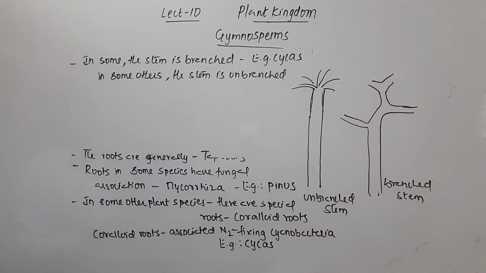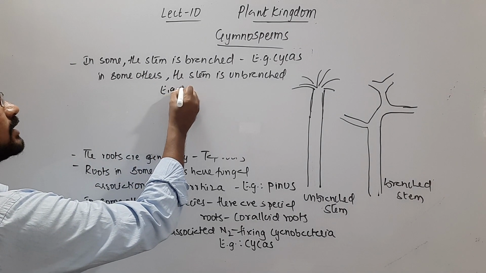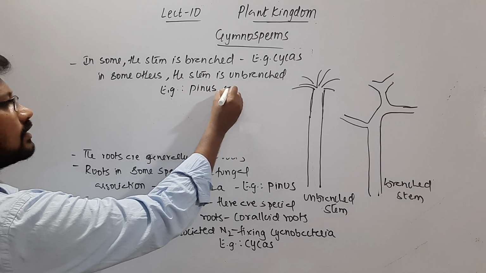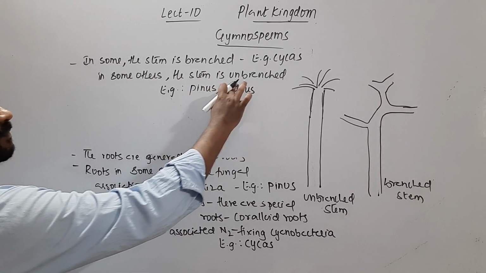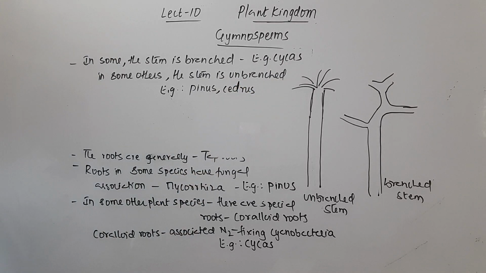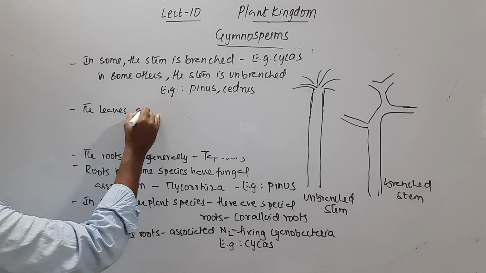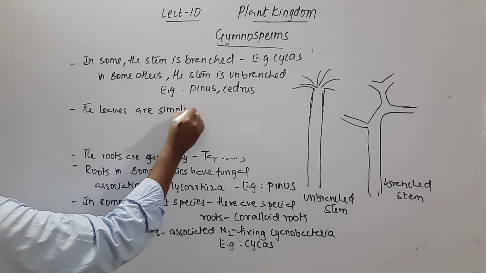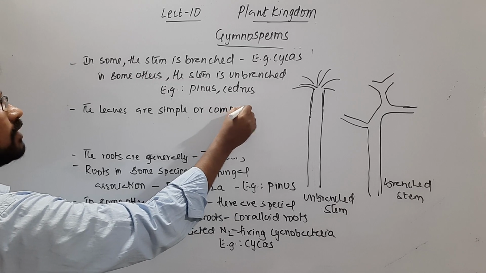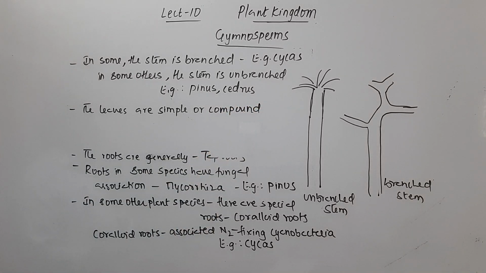Here also some members will have branches, like cycas, and some members you will see without branching, like pinus, citrus, etc. Then the leaves may be simple or compound.